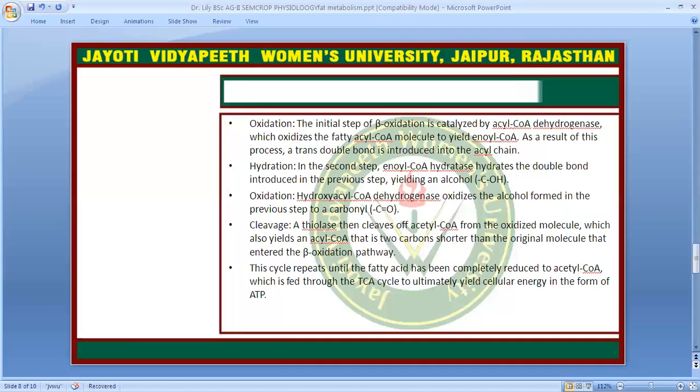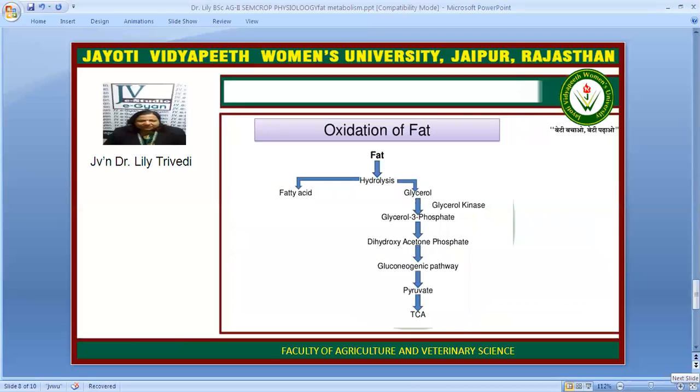The cleavage cleaves off acetyl coenzyme A from the oxidized molecule, which also yields an acyl coenzyme A that is 2 carbons shorter than the original molecule. So this cycle repeats until the fatty acid has been completely reduced to acetyl coenzyme A, which is further fed through the TCA cycle to ultimately give cellular energy in the form of ATP.